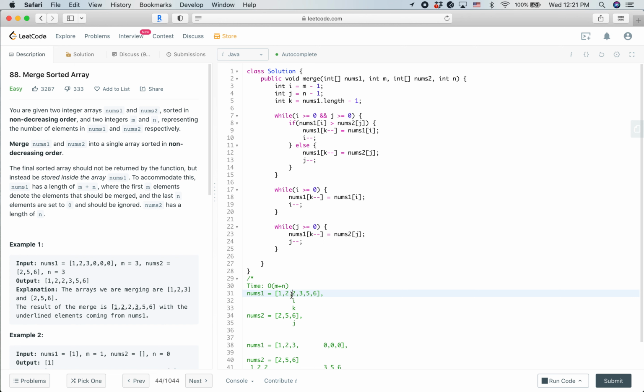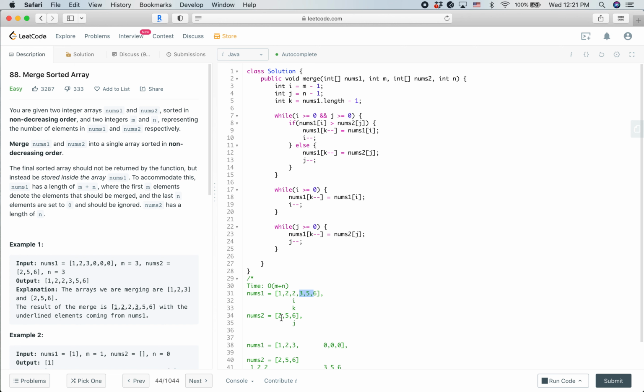And now we're going to process 2. The 2 from nums1 is supposed to be in this slot as well, because 2 is the largest number for now, because all the numbers in nums2 we have already processed. Now we only pick elements from nums1.